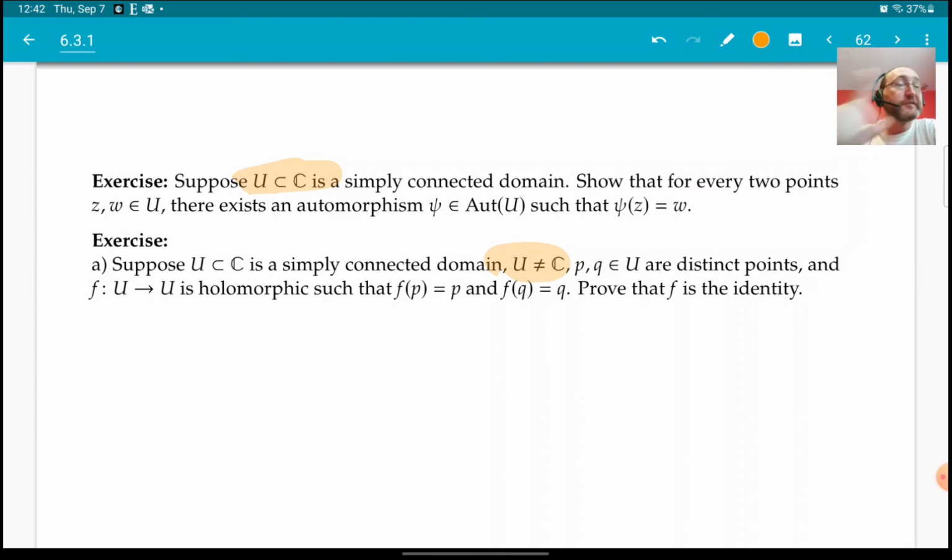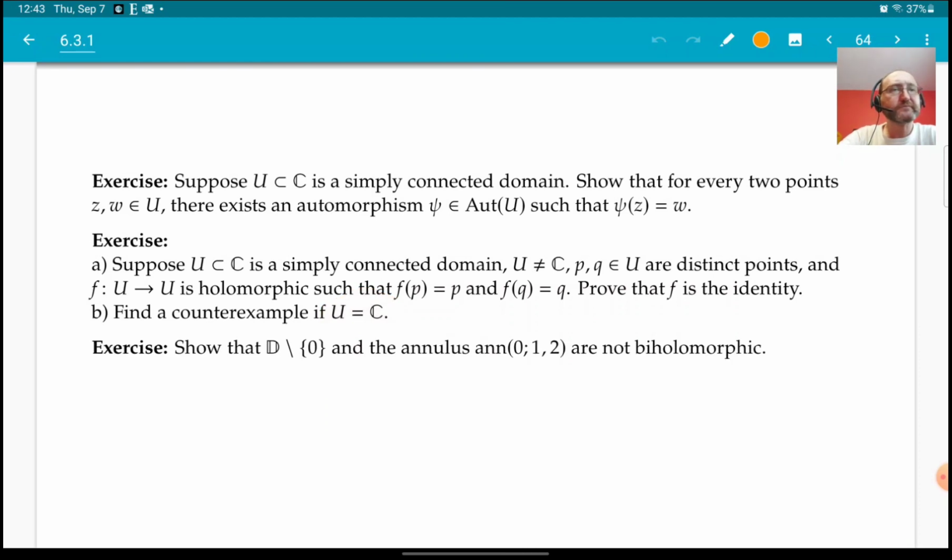So suppose that U is not C, it's simply connected, and I have two distinct points, P and Q, and a holomorphic map F from U to U that fixes those two points. Then prove that F is just the identity. You cannot fix two points by a holomorphic map from U to U. And now find a counterexample for this if U is C. If U is C, you can fix two points, so find two points and a function that fixes them which is not just the identity.